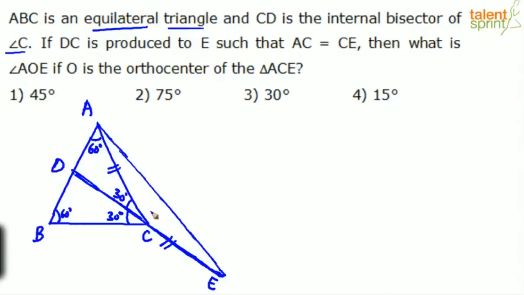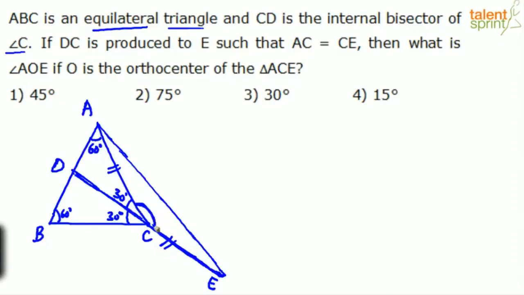Now the point here is, if you look at it, this straight line DCE will have 180 degrees angle at point C. Yes or no? DCE or DE is a straight line. What is a straight angle? A straight angle is 180 degrees, right? So the angle at point C here should be 180 degrees in total. But 30 degrees is taken on this side.